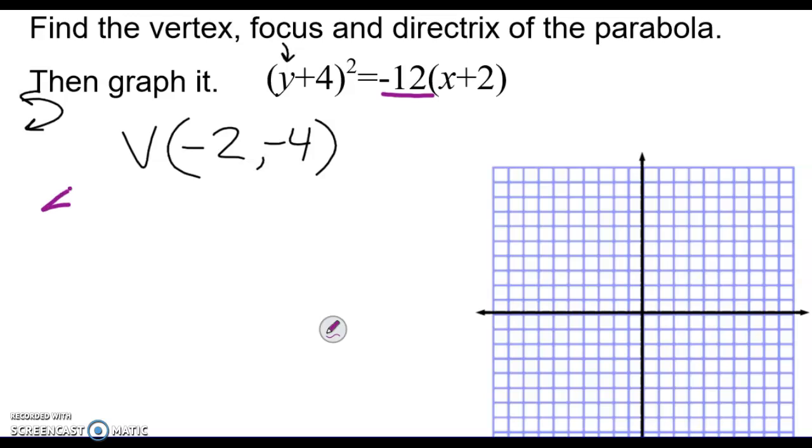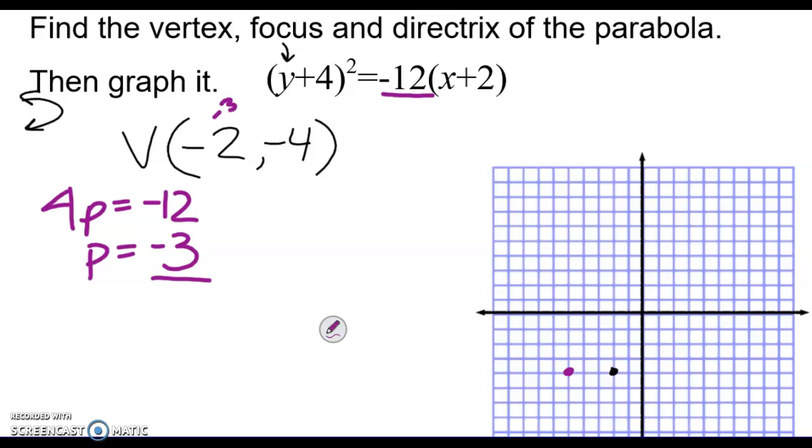I know that 4p equals -12, so p is -3. Since I'm going to the left, I'm going to graph the (-2, -4). Okay, I know it's opening to the left, so I'm going to count 3 to the left from there. 1, 2, 3. So I just went 3 to the left.